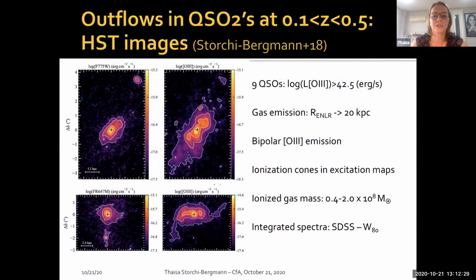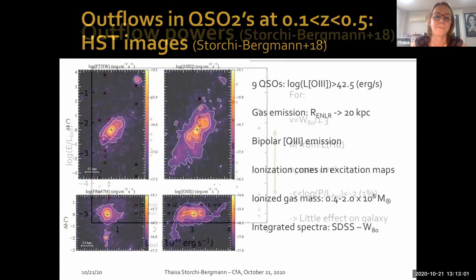So we observed these 9 QSOs with very extended gas emission that has a bipolar morphology. We saw ionization cones in excitation maps, and we obtained ionized gas masses up to 2 times 10 to the 8 solar masses. Because this was only an image study, we used the Sloan Digital Sky Survey spectra to obtain the velocities.